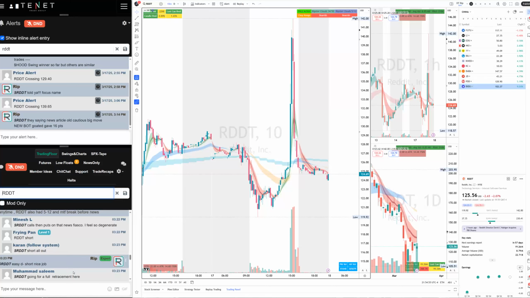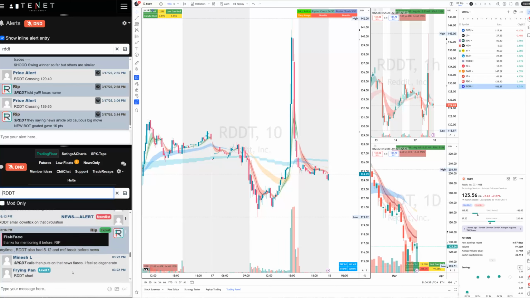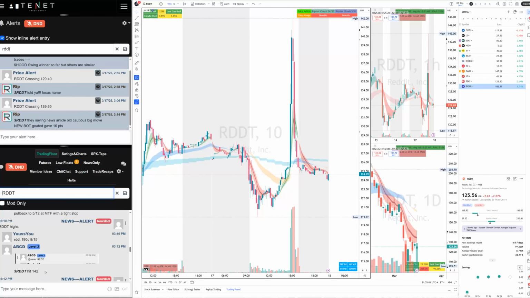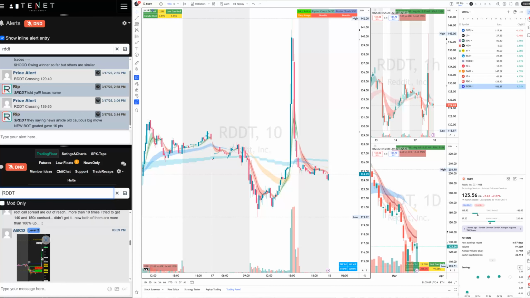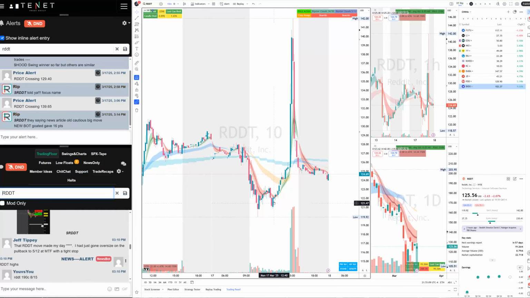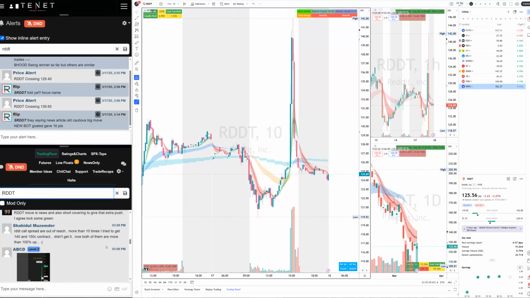Fish Face did good on Reddit. Reddit hit 142s. ABCD was on top of it. Jeff Tippy did a really good trade on Reddit. And Reddit already gave us the 512 longs, right? We had the 512 longs already. So traders were already trading Reddit in the community.